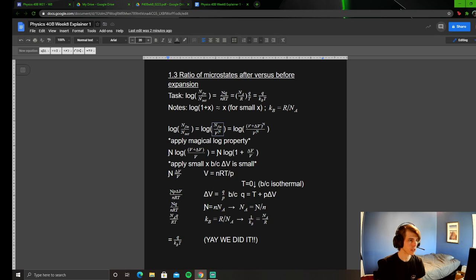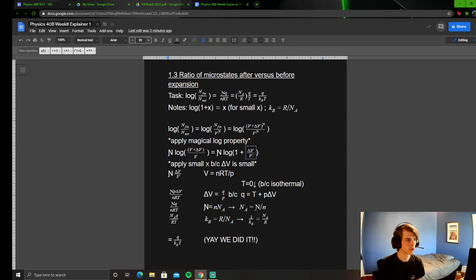So that's why we substitute in v plus delta v, and then that is also to the squiggly n power. And from here, we use a magical log property, as I've written, to basically take out the exponents and put them in the front of the log. From there, you can divide both v and delta v by v to get 1 plus delta v over v.